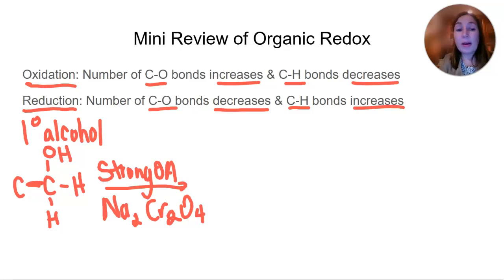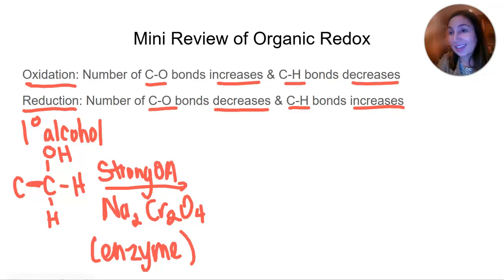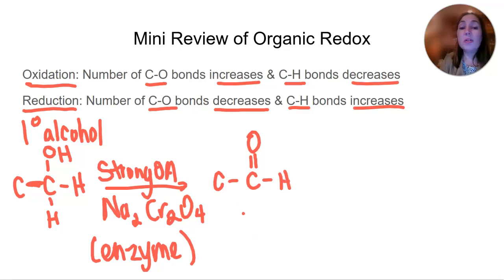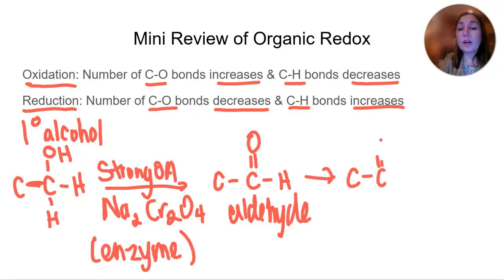In the body, this is going to be enzymes. We're not going to be using dichromates. We're going to see enzymes being used to oxidize, or create one more bond to oxygen. So our OH is converted to a C double bond O, an aldehyde. And our strong oxidizing agent will take that aldehyde all the way to a carboxylic acid.